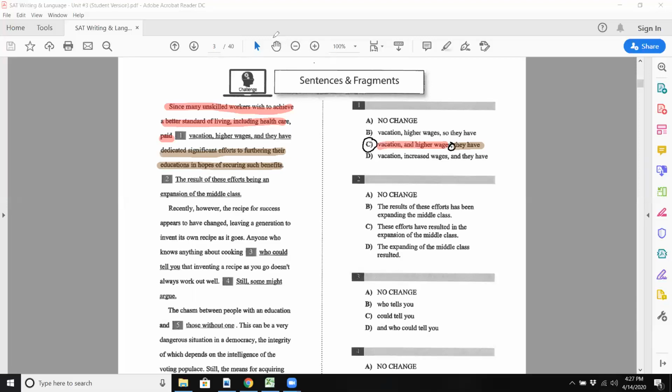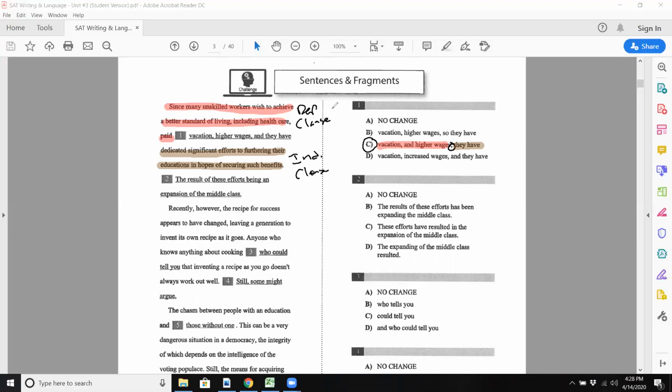So what's happening in brown is an independent clause. What's happening in red is a dependent clause. And it's fine to have both in the same sentence with a comma separating them. So since blah, blah, blah, okay, fine.